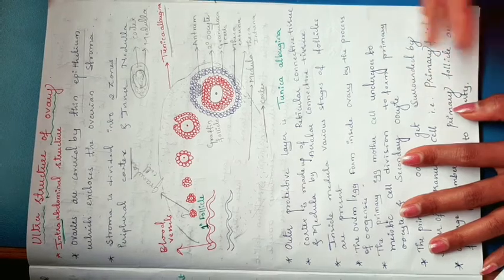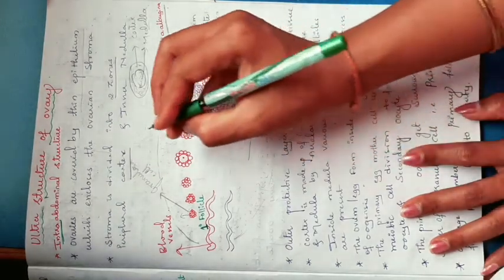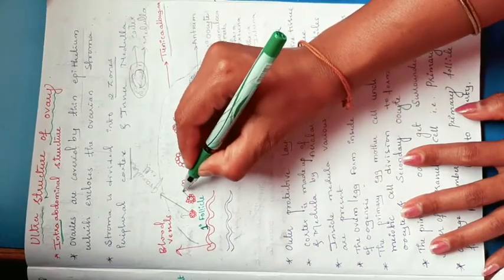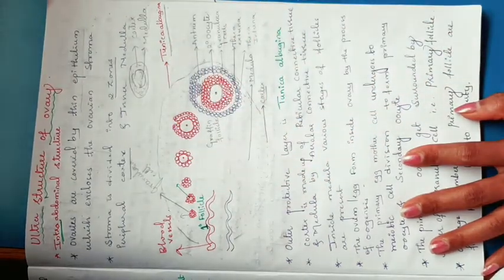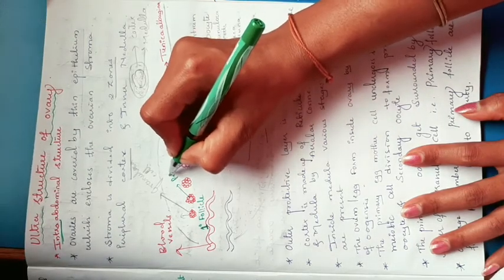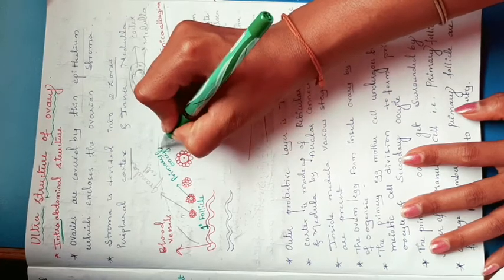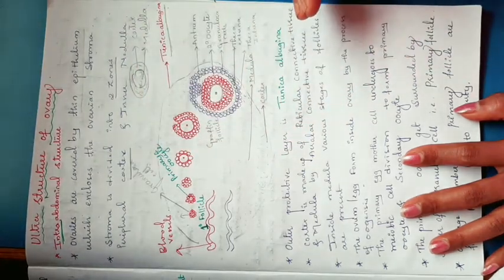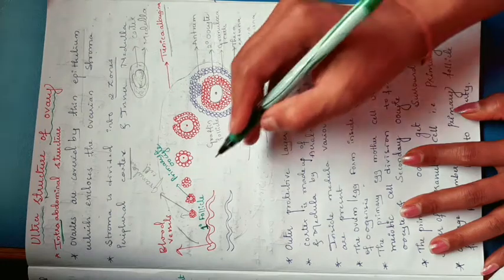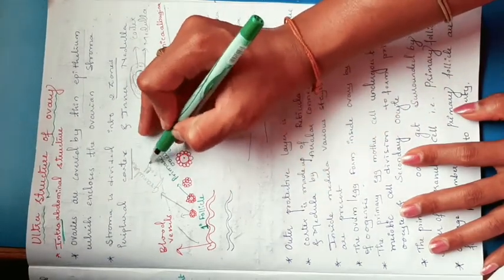For further division inside the primary follicle, the cell which undergoes meiosis I forms a primary oocyte. The cells which surround the primary oocyte are the granulosa cells.